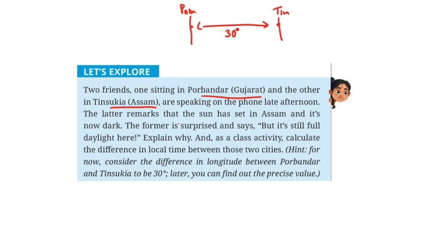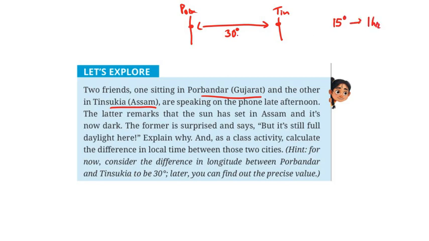Remember, now the friend who is sitting in Assam says that it is dark, whereas the friend sitting in Gujarat, Porbandar, says there is sunlight. Why? Because there is a difference of how much? Remember, every 15 degrees we have 1 hour.